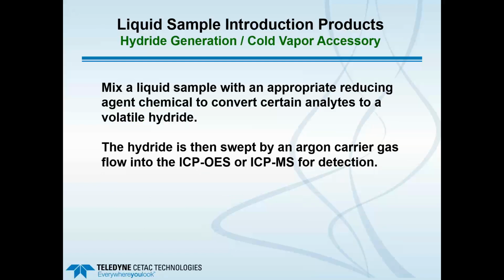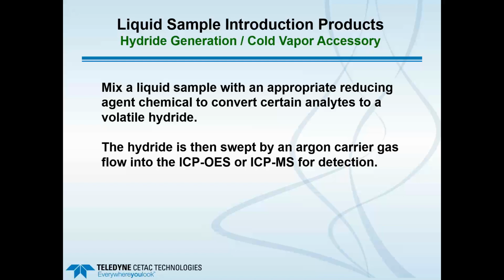So first, we'll describe the hydride generation cold vapor technique. In this, we'll mix a liquid sample with an appropriate reducing agent chemical to convert certain analytes to a volatile hydride or to an elemental form that's volatile.